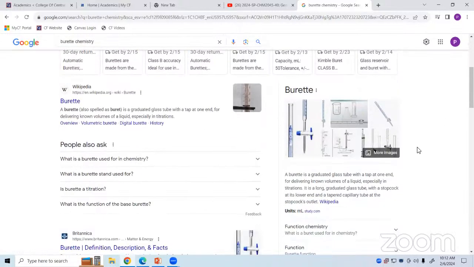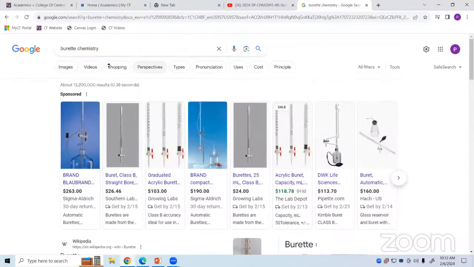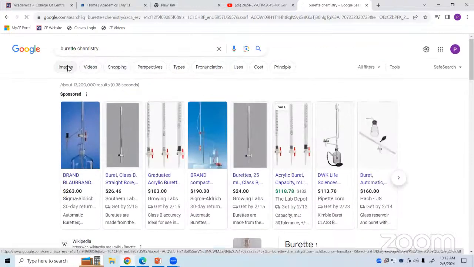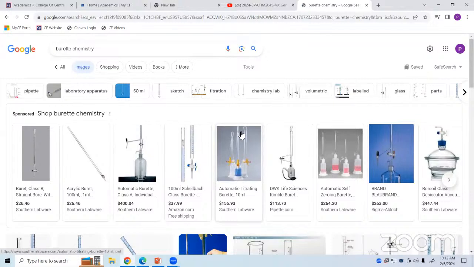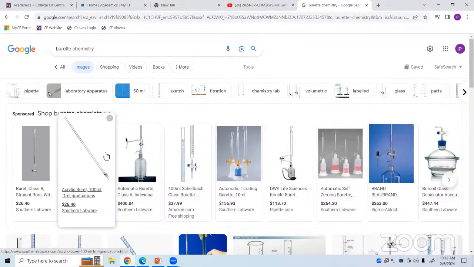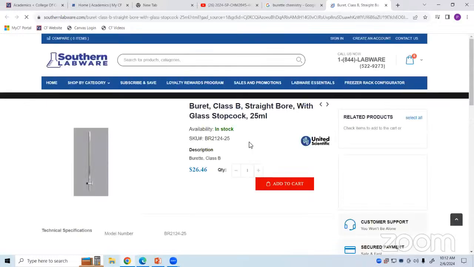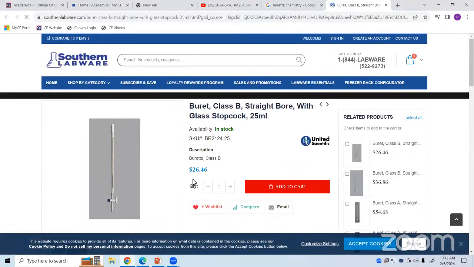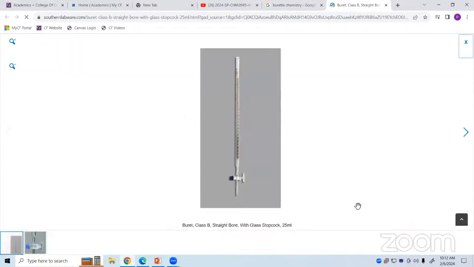Let me go to images. Okay, let me see this one. Oh Lord, this is a small picture. Okay, so this is what it looks like.